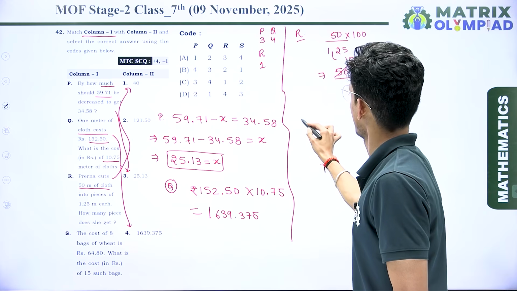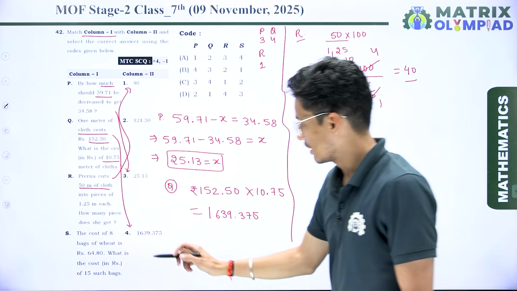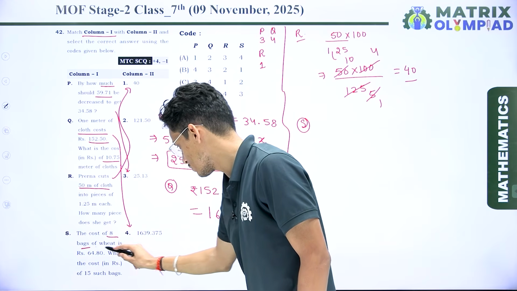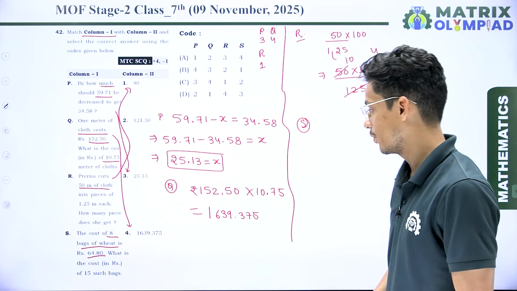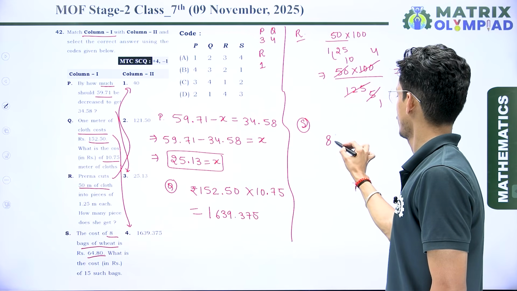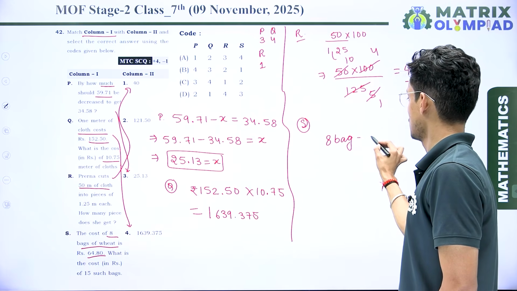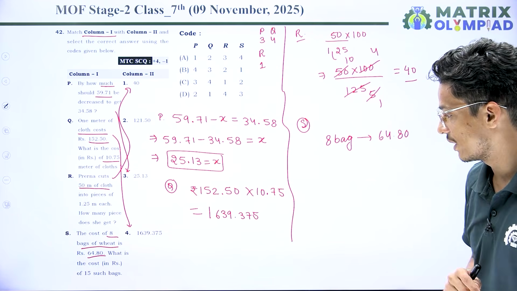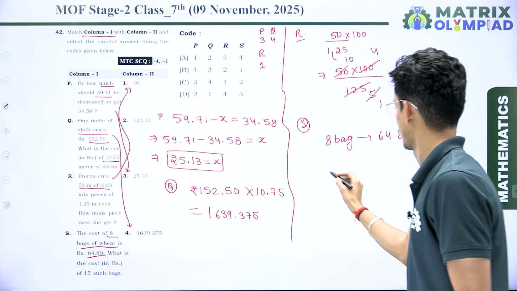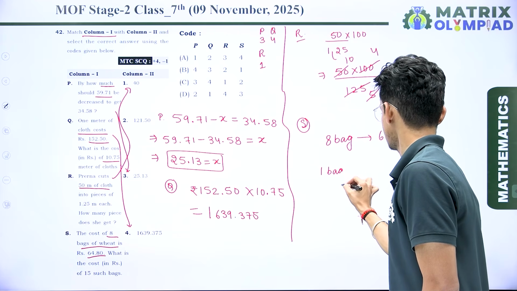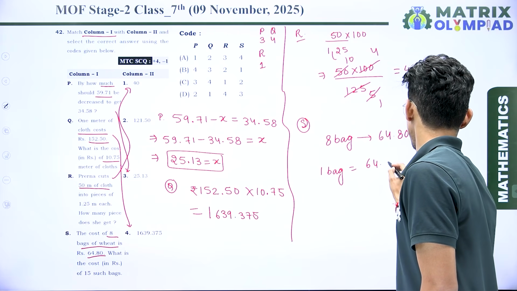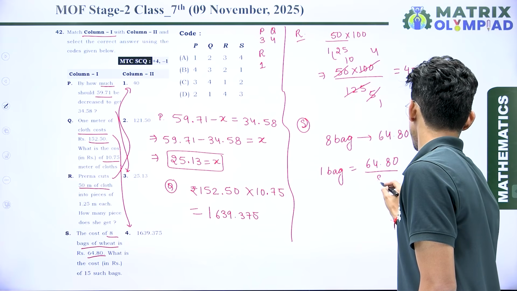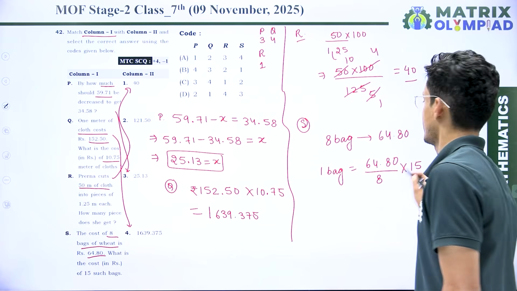So here I can write R is connected to 1. And last, here we have S. That is the cost of 8 bags of wheat is 64.80. The cost of 8 bag is equal to 64.80, and we have to find the cost of 15 such bag. So for 1 bag cost, we can write 64.80 divided by 8, and for 15 bag we have to just multiply it by 15.